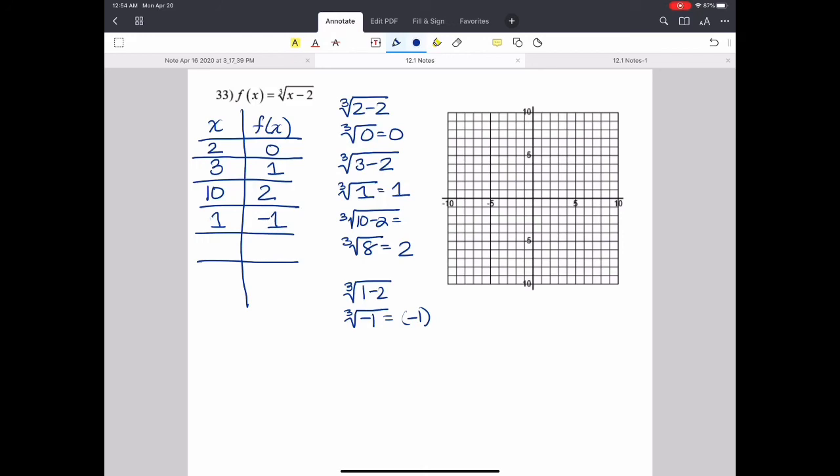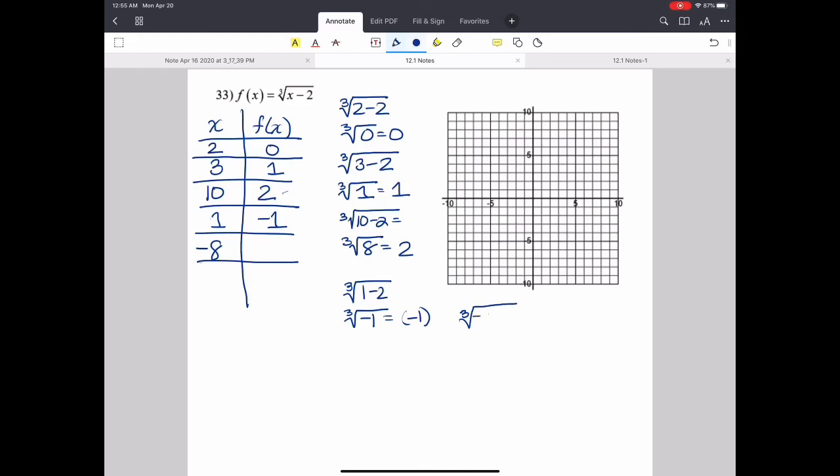All right, let's say I wanted to make negative 8 out of that. If I want to make negative 10, I should put negative 8 there.